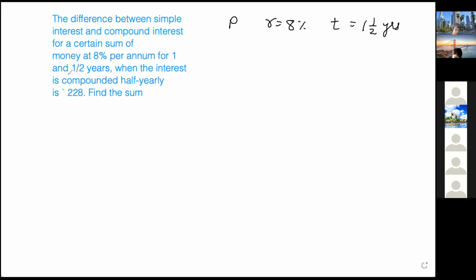Okay. When the interest is compounded half yearly, the rate becomes what? Half yearly rate is 4%. So let us find out simple interest. Simple interest is equal to PRT by 100. Just calculate PRT.